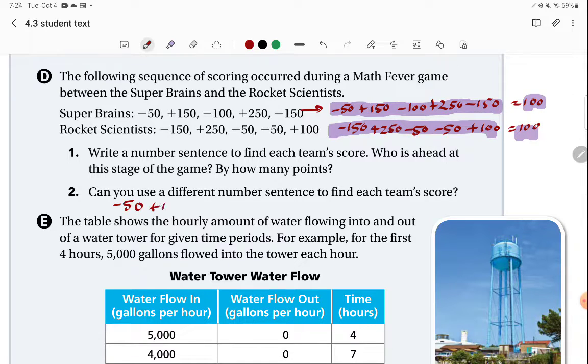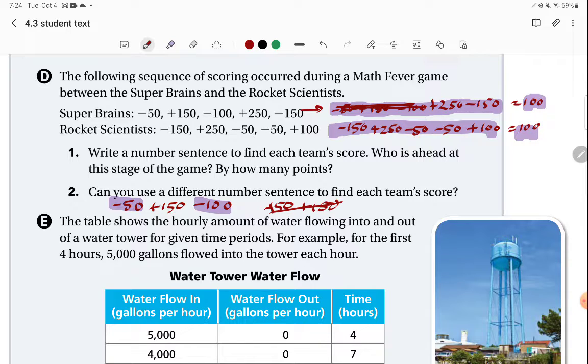Let's just look at those. Remember, my goal in life is just to make things as simple as possible and to think as little as possible. All right, so right here, you notice that you have negative 50, negative 100. Those add up to negative 150. So then you would have negative 150 plus 150. And so those end up canceling each other out right there.